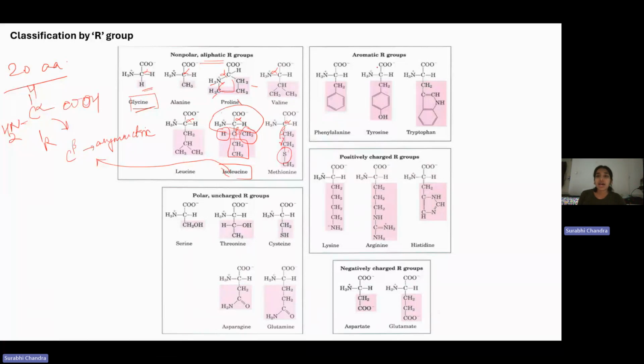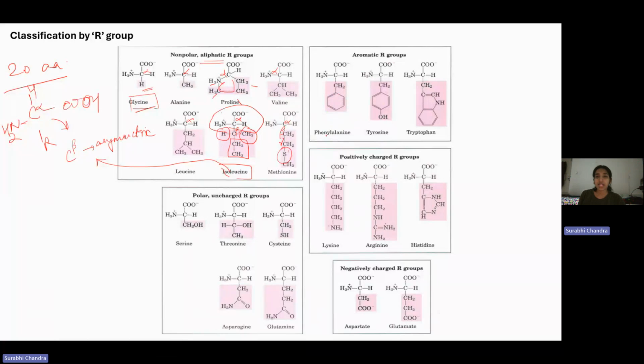Okay, next we have aromatic R groups. The R groups can also contain benzene rings or imidazole rings, especially these aromatic rings wherein the electron is delocalized over the plane, over this region. So this can be phenyl.